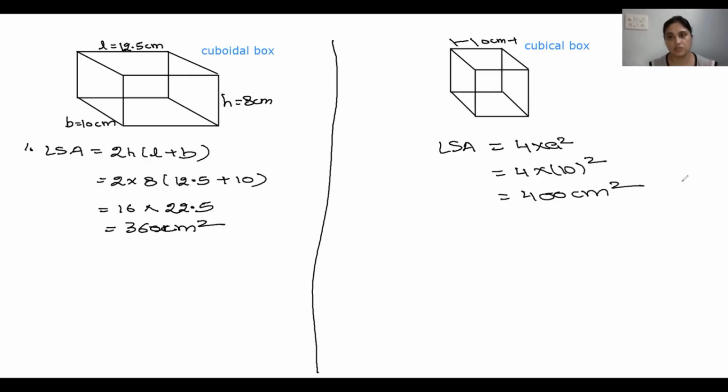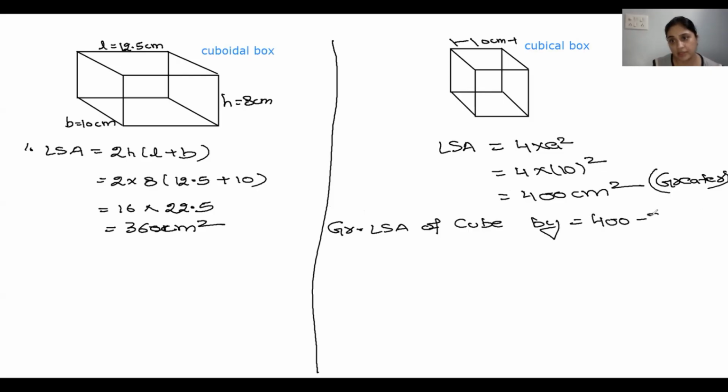We need to find out, yes, this is the greater one. We need to find out the greater lateral surface area. So this is having a greater lateral surface area, and by how much? By 40. So 400, greater LSA of cube by how much?